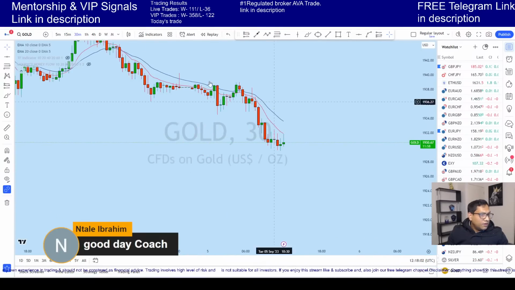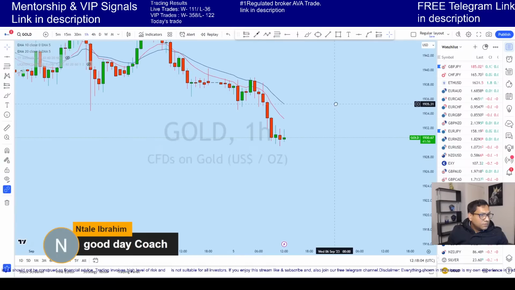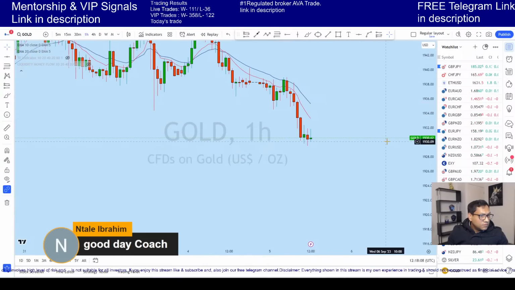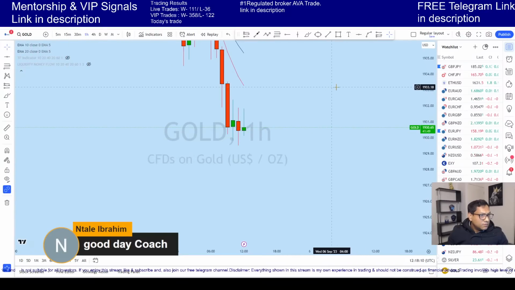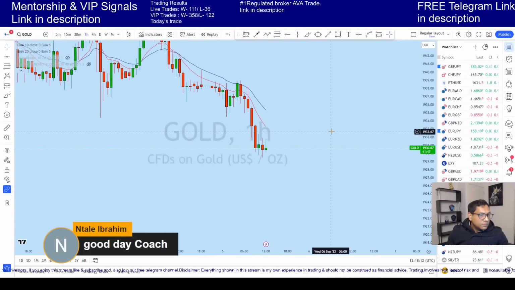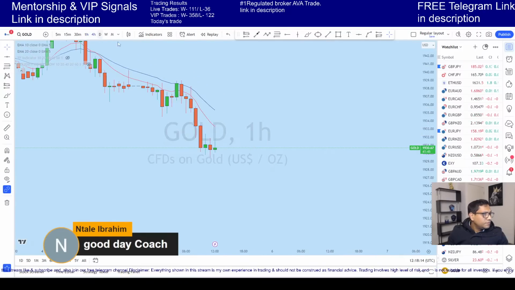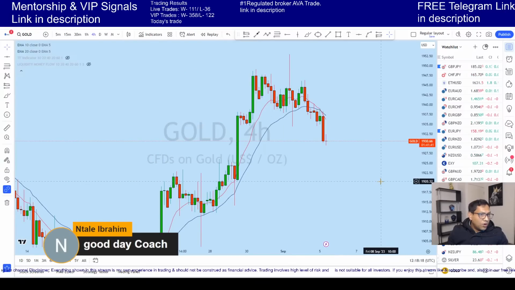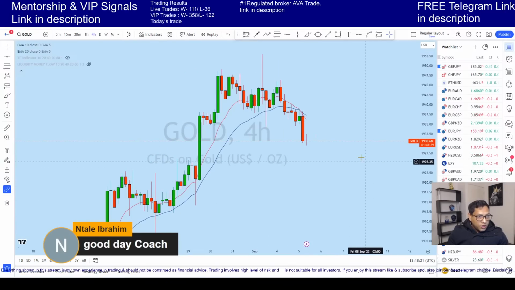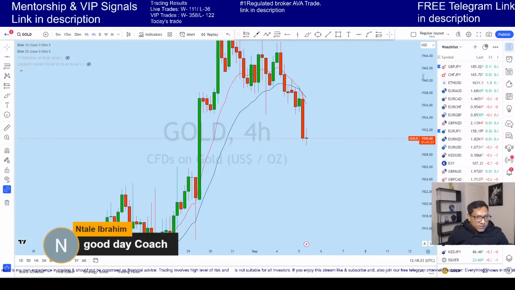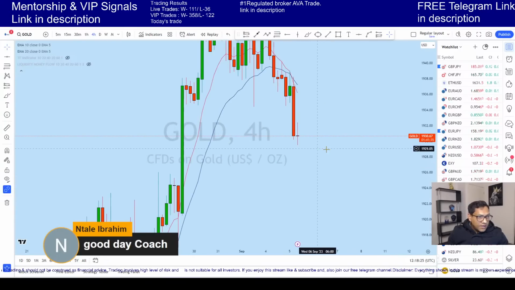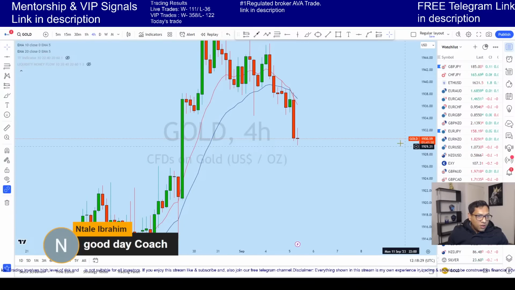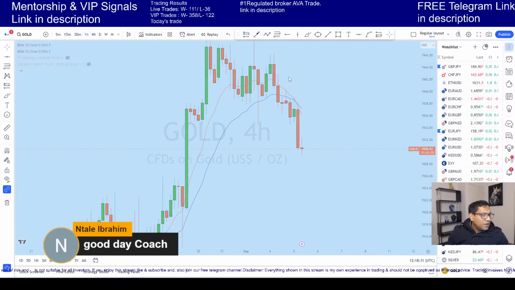Okay, so here so far, this is the 4-hour time frame on gold, which is very very important, and we see that in this last candle the price still didn't move much.